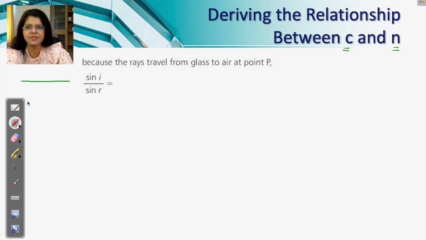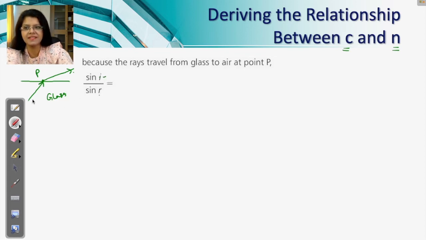that the light is moving from the glass. This is your glass, and it is moving in the air, right? Because the light is moving from the glass to air at point P, so this point is point P, sin I over sin R will be equal to, where is the incident ray?